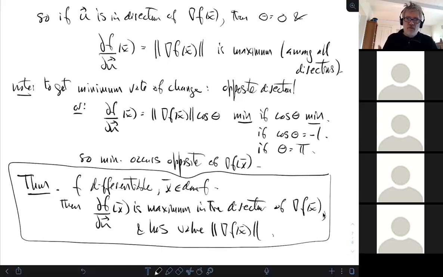Okay, so as you can see, deriving this is pretty straightforward. So the gradient, if you locate it at x bar, points in the direction where the slope is largest, where it's the hardest to climb, right? And opposite to that is the easiest to go down. Right?